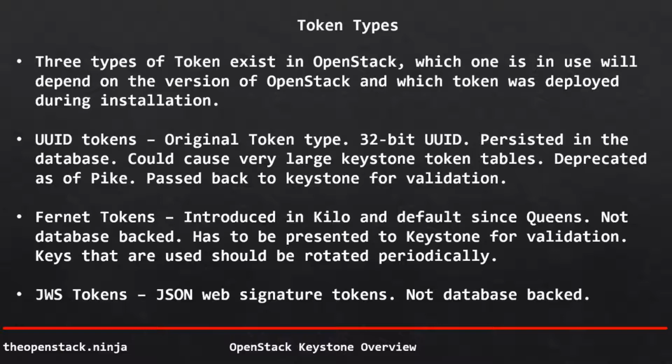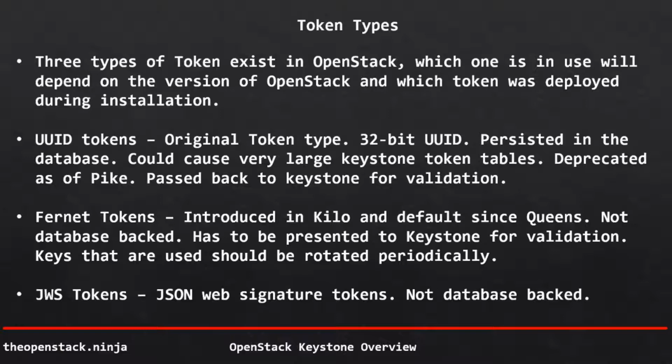So the token is only decryptable by somebody who has the private key. That will be your OpenStack Keystone instance. You obviously don't want to lose that private key, because that would mean somebody could sign their own tokens.